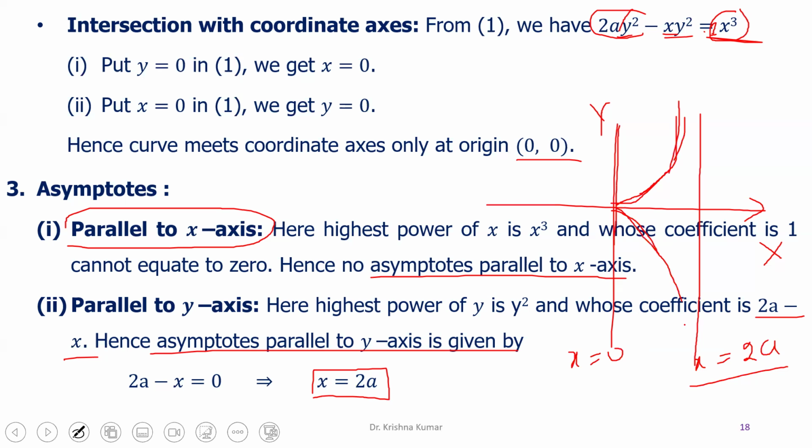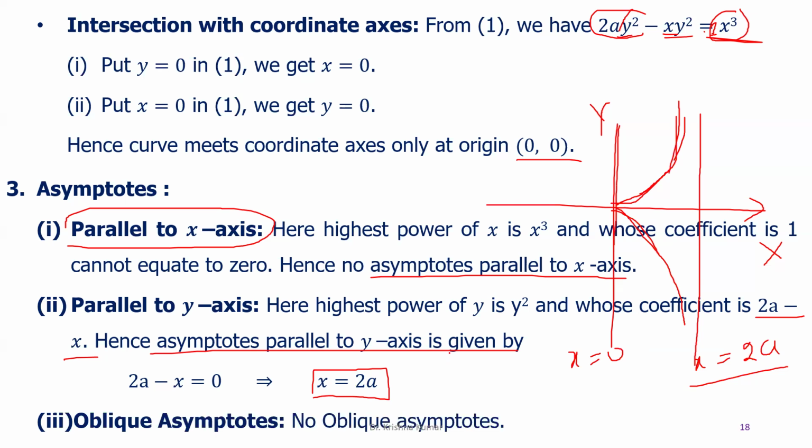It may go up to infinity, but it will not touch the asymptote, because that is the definition of an asymptote. And since there is one asymptote parallel to the y-axis, there are no oblique asymptotes here.